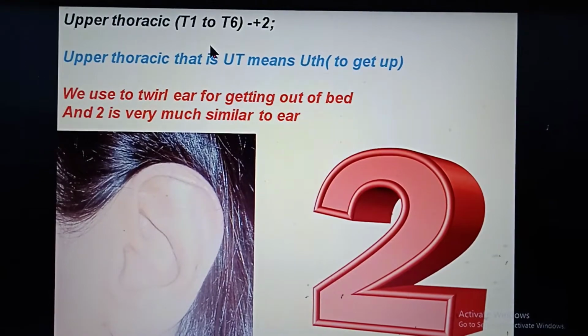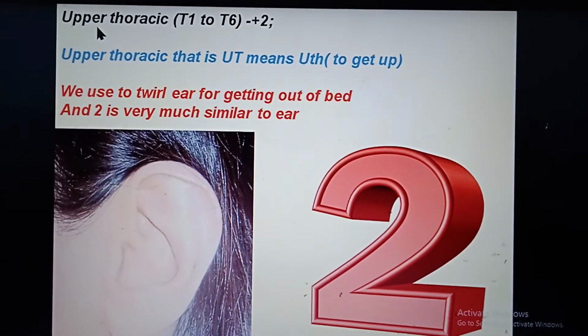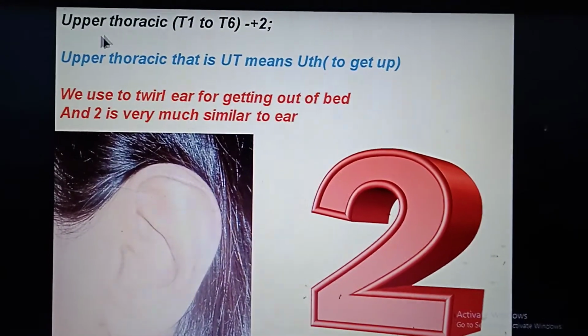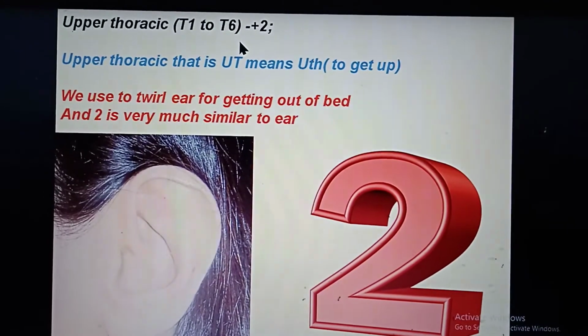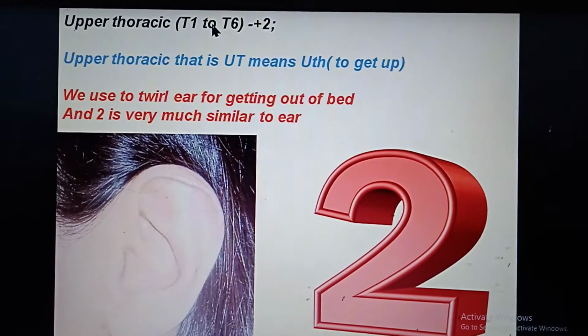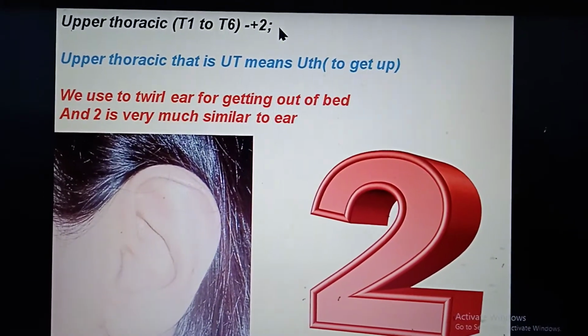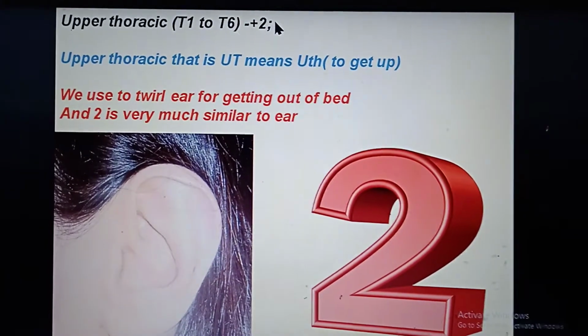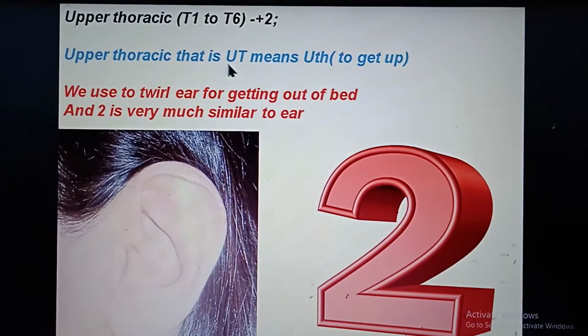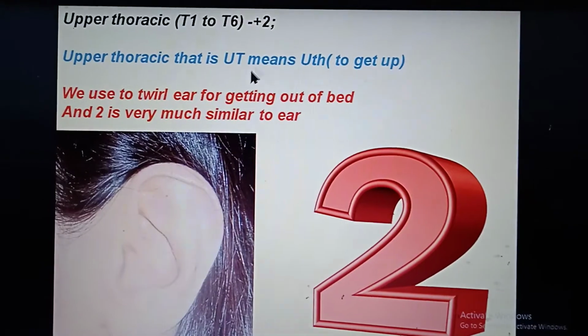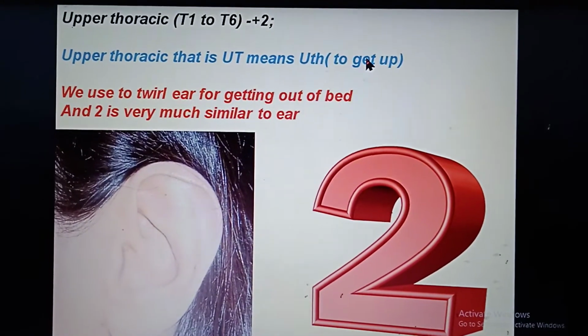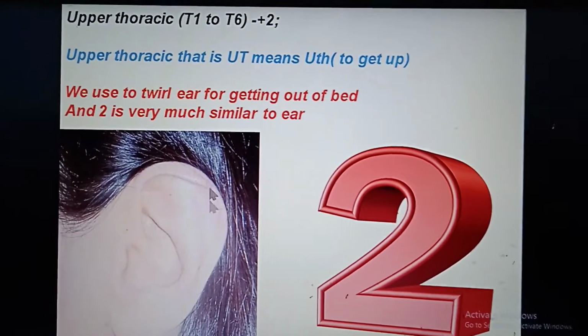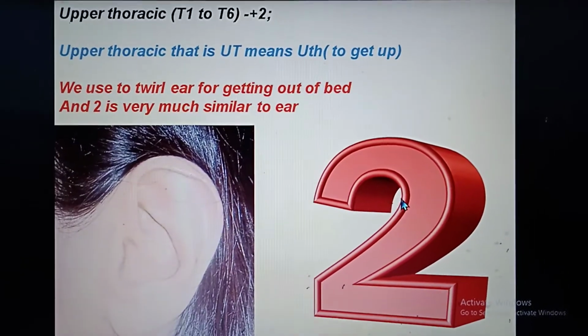That is the link for upper thoracic. Like T5 houses, you have to add +2, so the T7 spinal segment. So upper thoracic, ut means to get up, and we twist the ear, and ear is very similar to number 2.